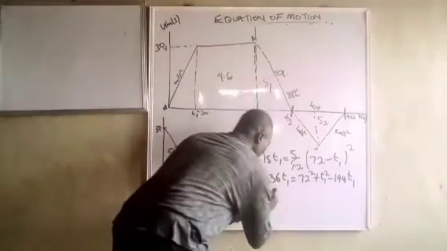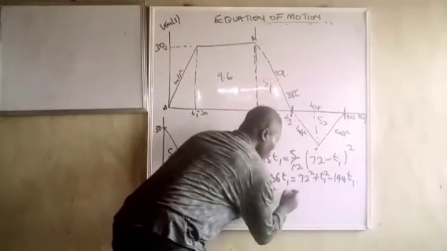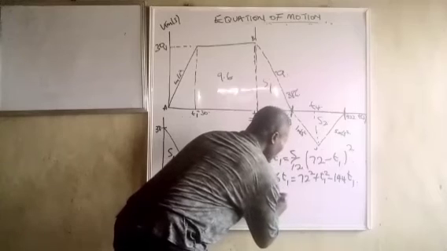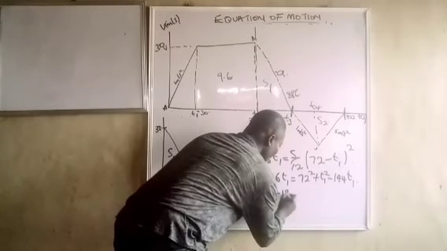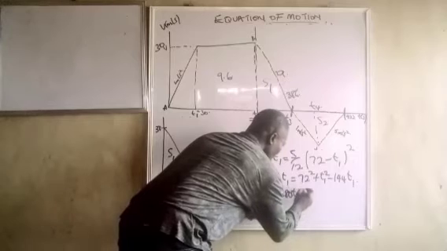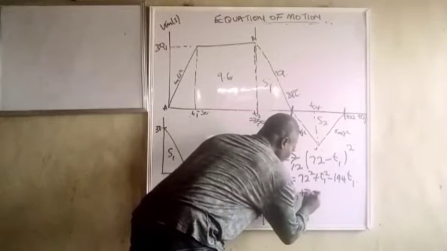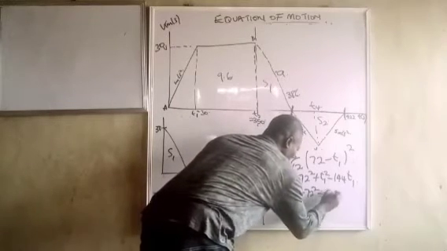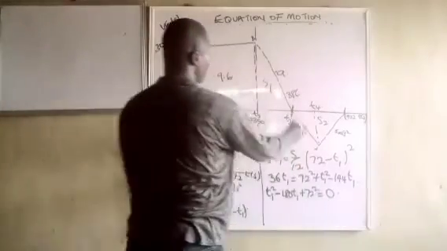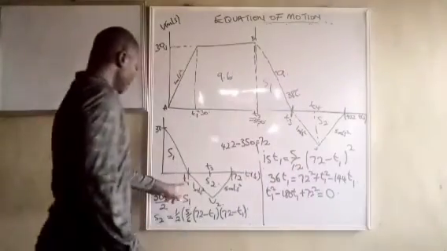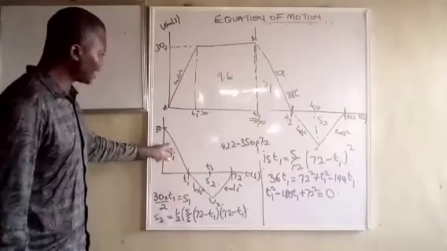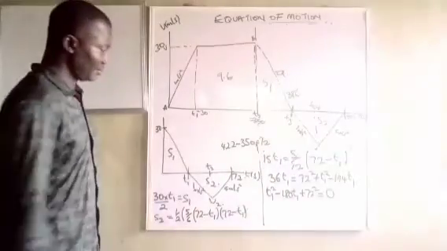So what does that give us? T1 squared minus 180 T1 plus 72 squared equals 0. So from there, you can find your T1. And when you get your T1, you can get the acceleration.